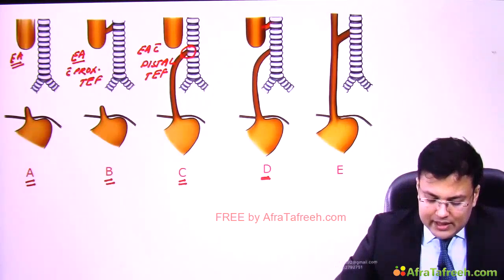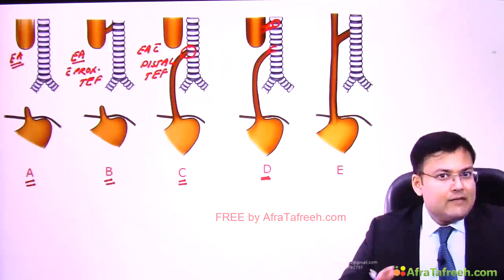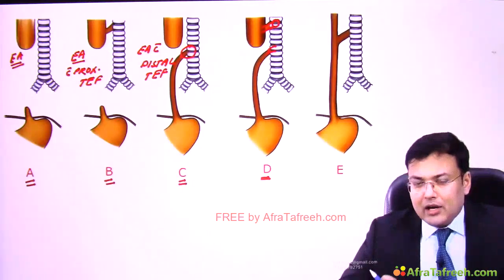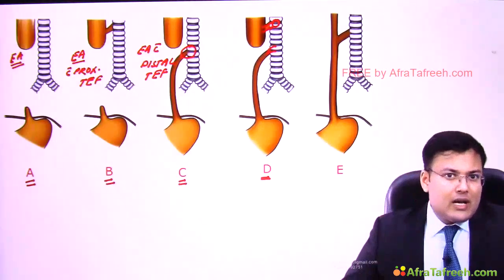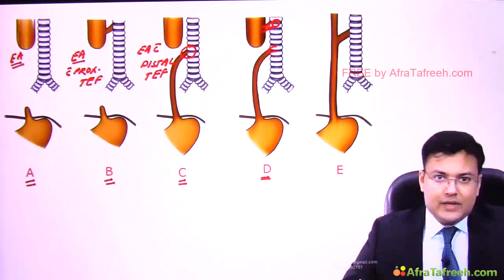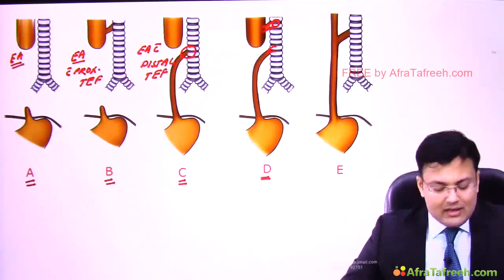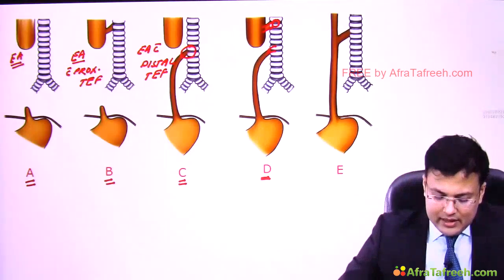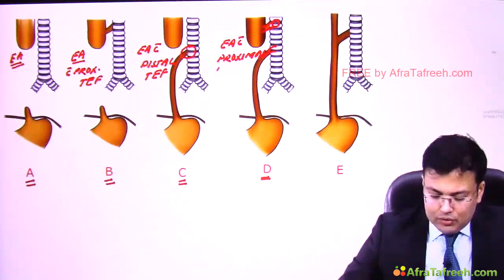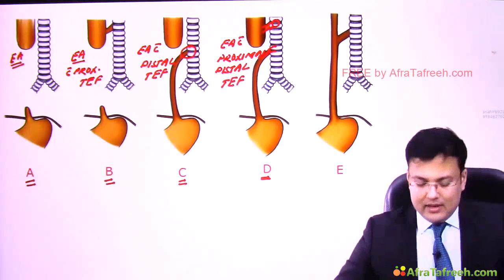Proximal means a fistula between the proximal part of the esophagus and trachea, and distal means a fistula between the distal part of the esophagus and trachea. This is type D.